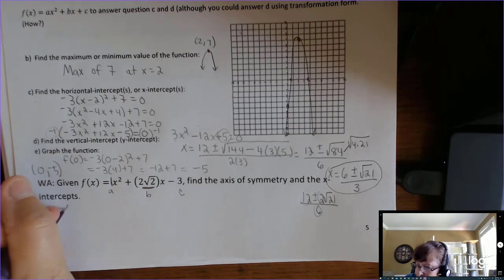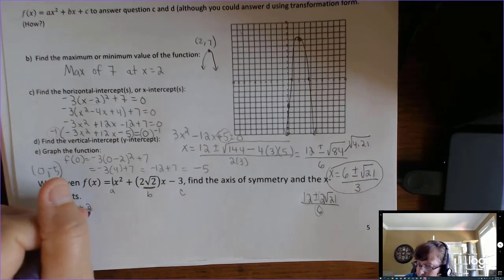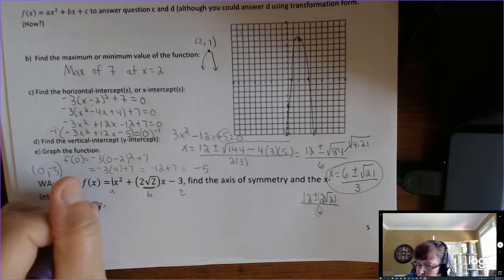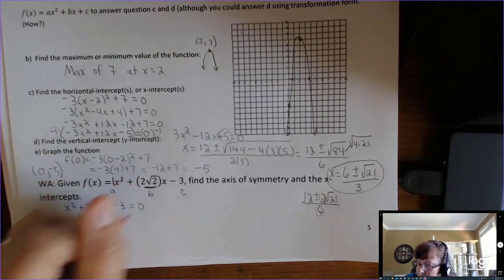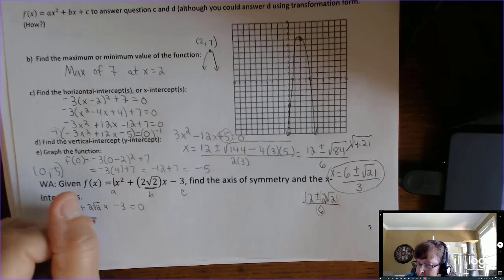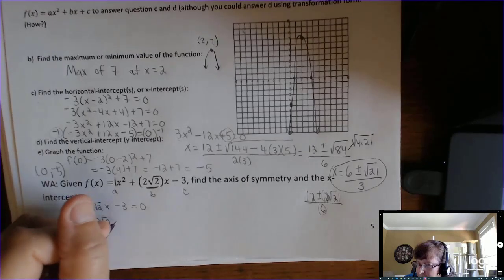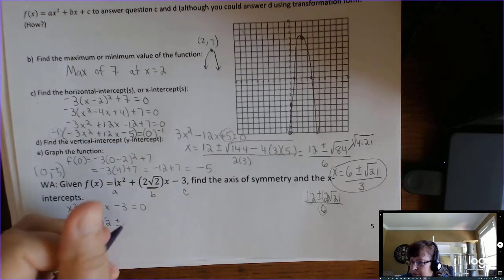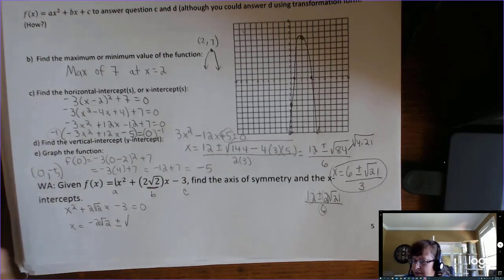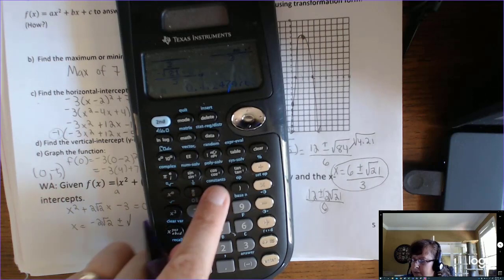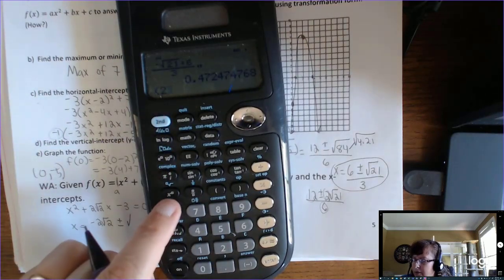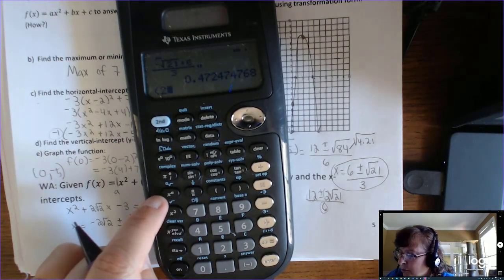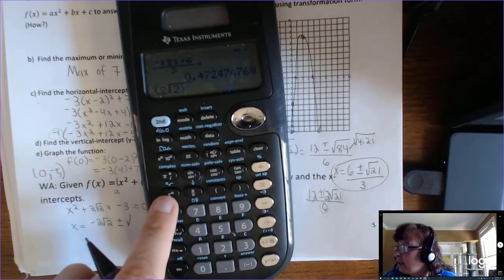You set this equal to 0, and can you use the quadratic formula? Yeah, negative b, negative 2 square root of 2, plus or minus the square root of b squared. So let's put that in there. 2 square root of 2, parentheses, 2 square root of 2.